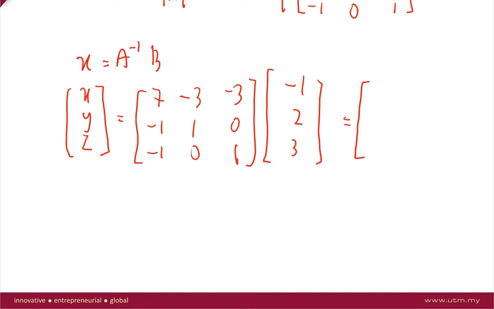Then you calculate as usual. Make sure you know how to multiply the matrix. You get negative 22, 3, and 4. So this is how to solve the system of linear equations by using inverse matrix.